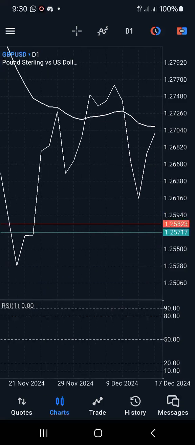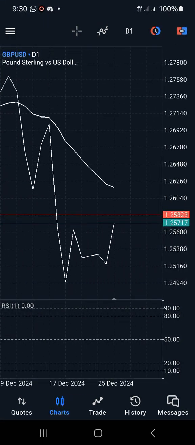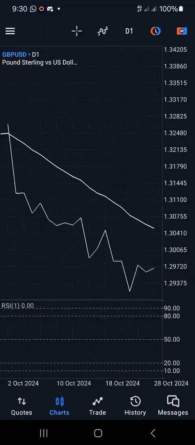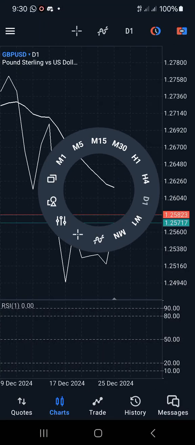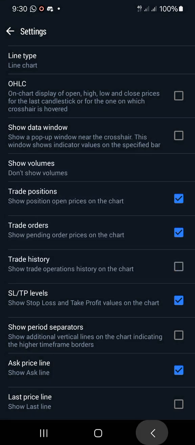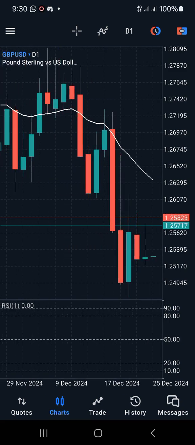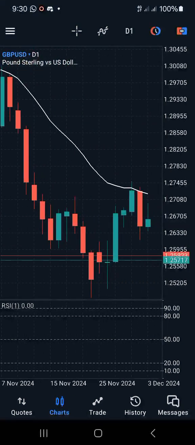Okay, so this line chart is majorly used for support and resistance. You can see how it appears. It just turns the whole chart into a line, but our concentration now is on candlesticks. You can see that this has more details than any other kind of chart.